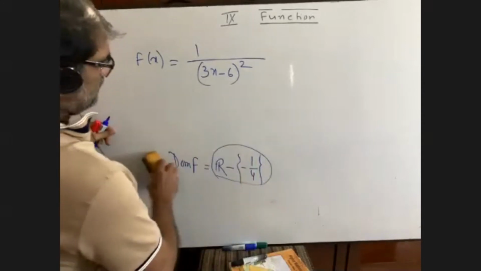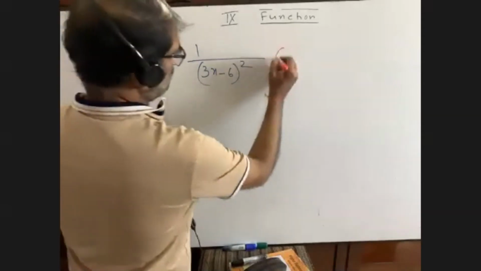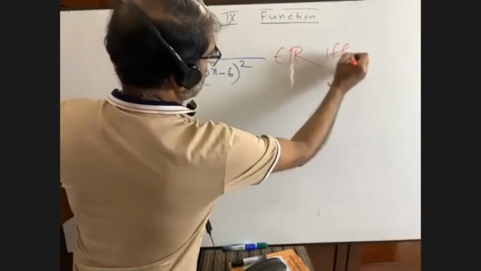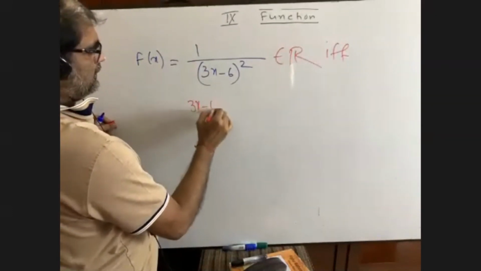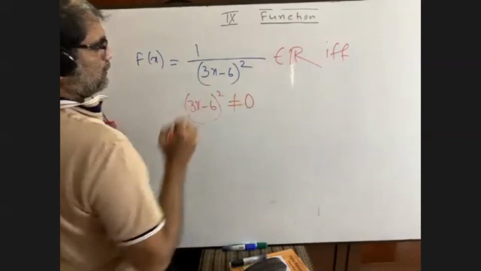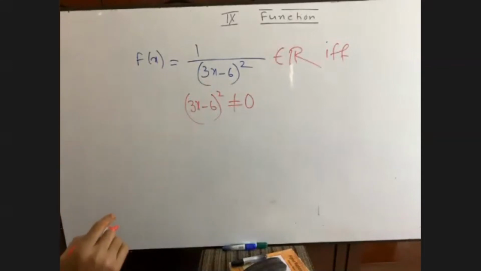So what will you write down? x belongs to R if and only if the denominator is not equal to 0. Condition is the denominator will not be 0. Okay?